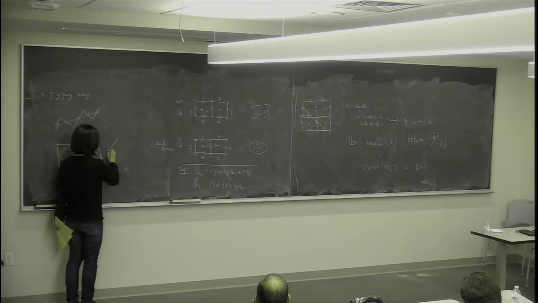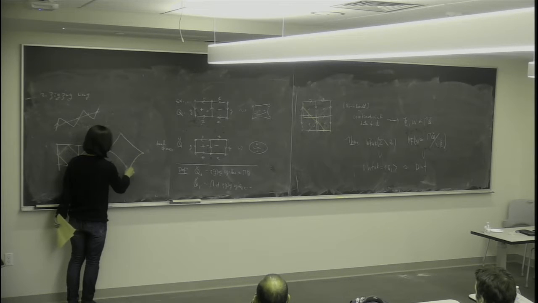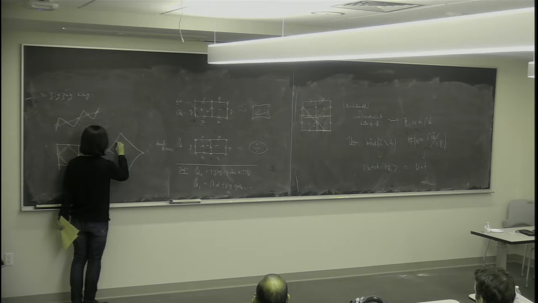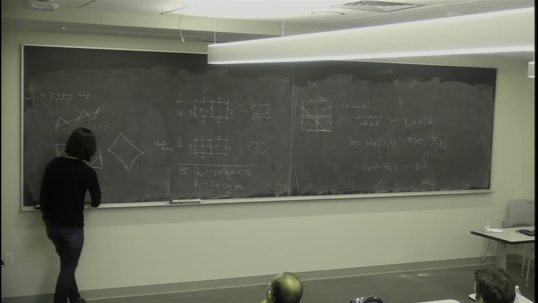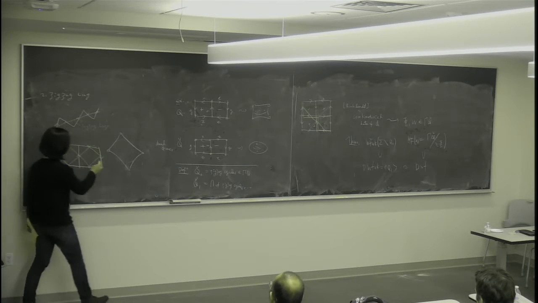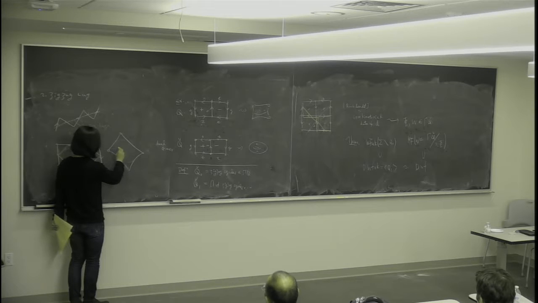So this is this. And one Lagrangian is this circle. And the other one is the reflection image of this guy.